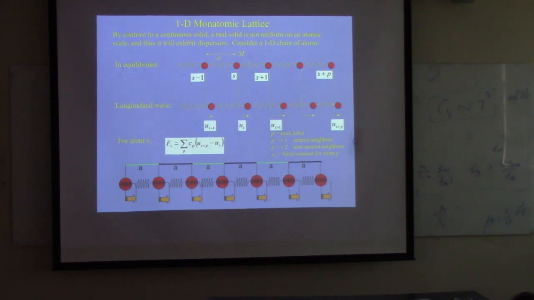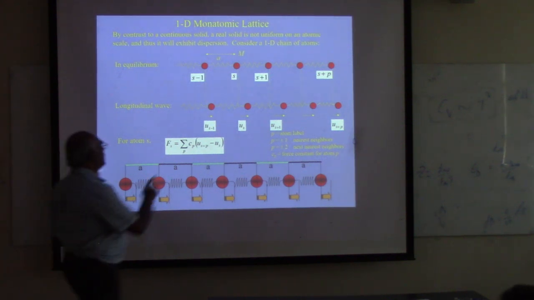This should be equal to the mass of that S atom, m d squared u S by dt squared, right? That's Newton's second law. This is for the S atom, the effect on this S atom from all the atoms. So is this clear for everybody?